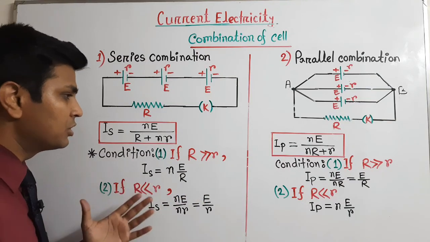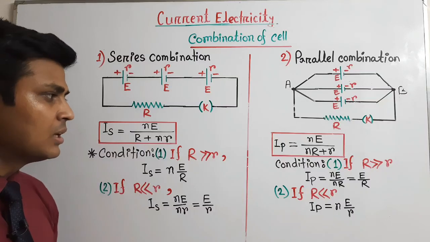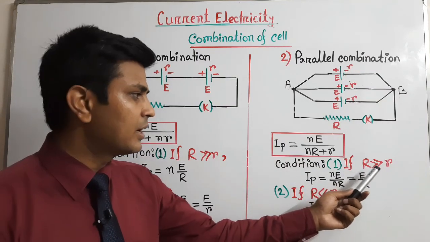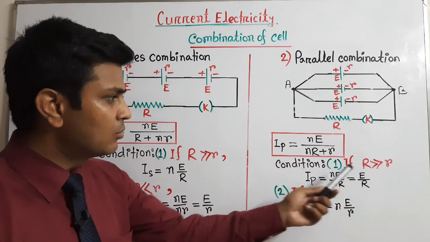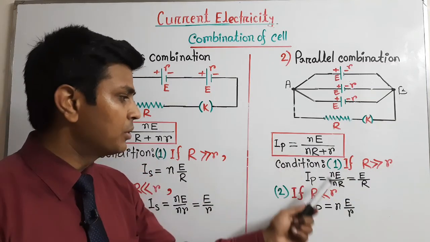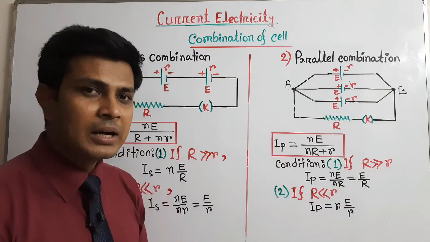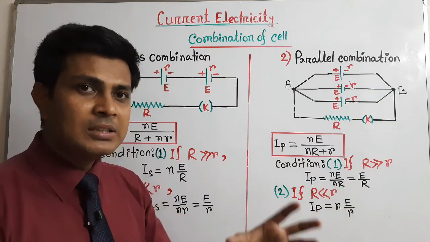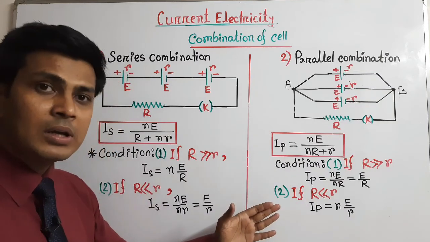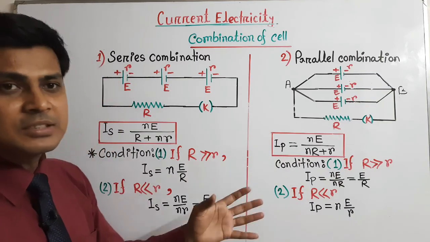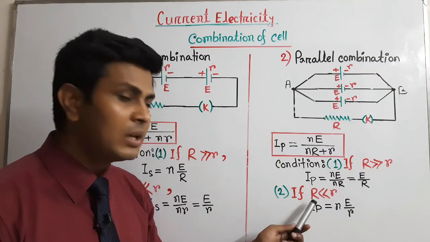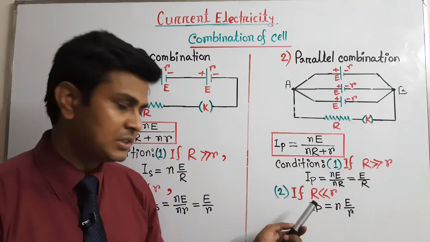Now let's see the same conditions for the parallel combination. In the parallel combination, if the external resistance is greater than the internal resistance, then we can neglect the value of r, and we will get the current for the parallel combination as E divided by R. This represents only the current for a single cell. This value is less. Now if we consider the internal resistance is greater than the external resistance, for that condition we will neglect the value of capital R, the external resistance.